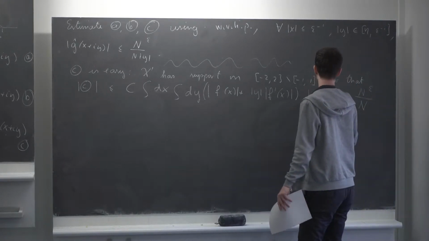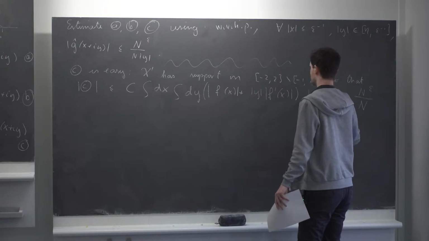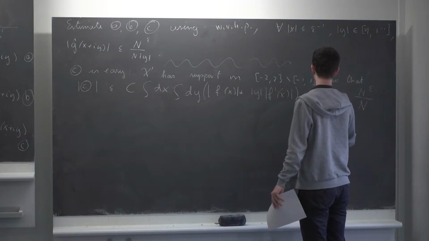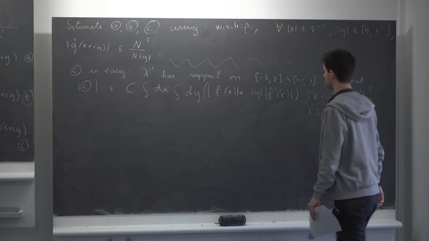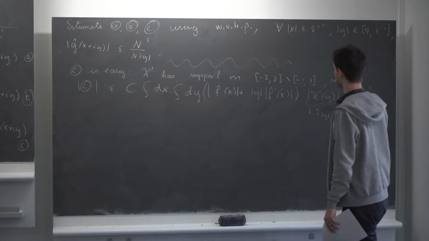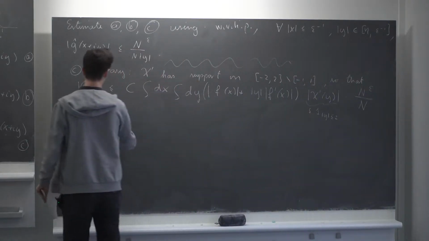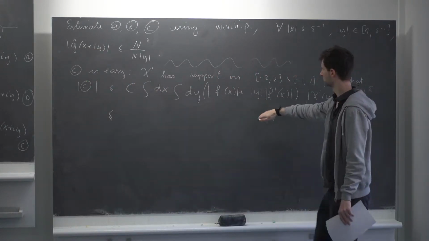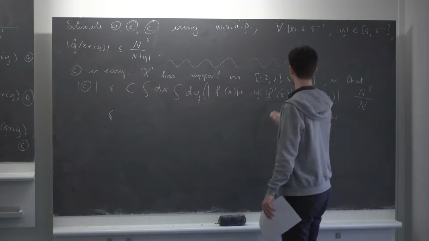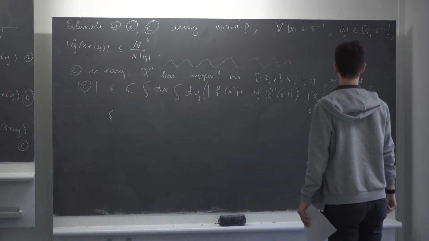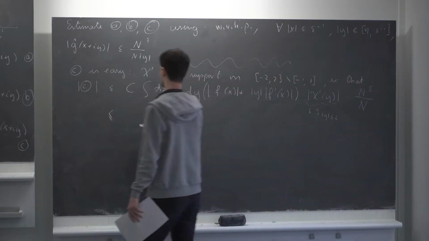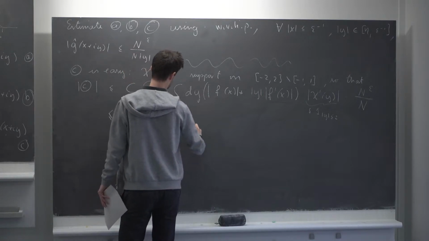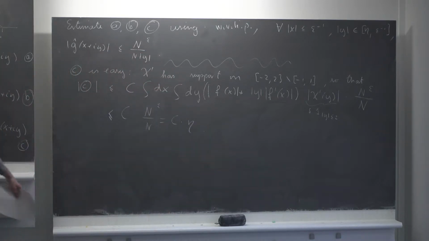And this I can now estimate. The integral over y, of course, has to be finite, so this I can estimate just by the indicator function y is less than or equal to 2. So the y integration gives me a constant, and the x integration here gives me a constant, and another constant, and so this is bounded by c times eta.